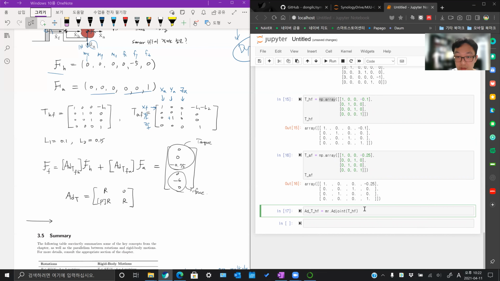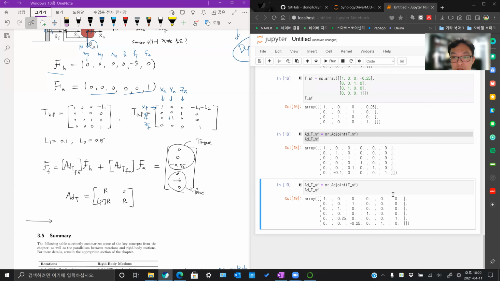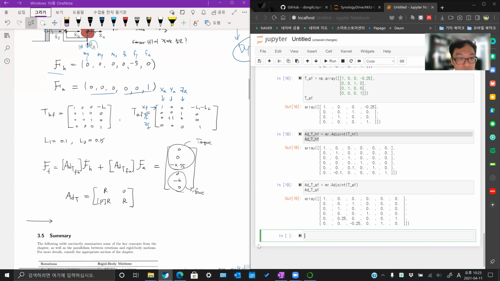Let's check the actual value. Similarly, other joint AF like this.